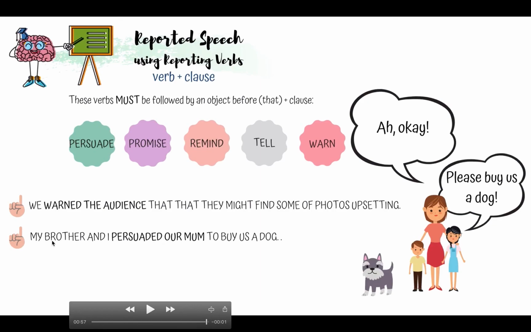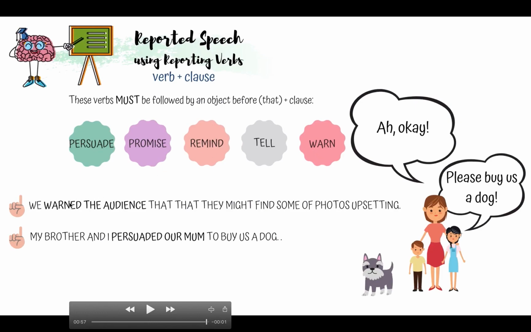So my brother and I persuaded our mum to buy us a dog. Okay, so let me explain this a little bit for you. These verbs, okay, we are using in a clause. So we have warned, which is our reporting verb.